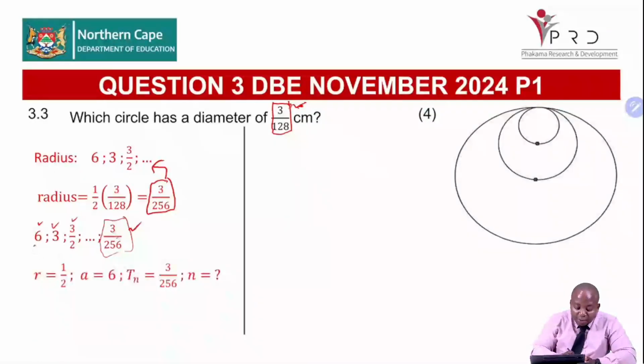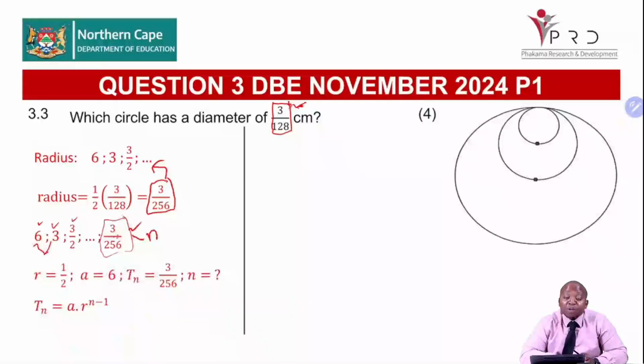So our R is going to be 3 divided by 6, which is 1 over 2, and A equals 6. Then my Tn is going to be 3 over 256. I just need to know what is the position of this Tn value in this case. Then I'm going to work with my geometric formula to say Tn is equal to A times R to the power n minus 1. Then I substitute my values.